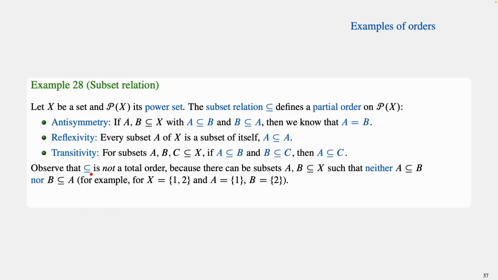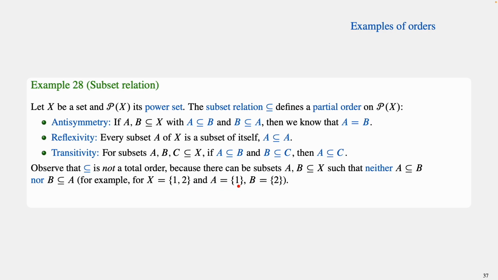Now, a difference to the order of the natural numbers is that this is not a total order. So there can be subsets A, B of X that are not comparable, so that neither A subset B nor B subset A holds. As an example, take this: X is a set containing the numbers 1 and 2.